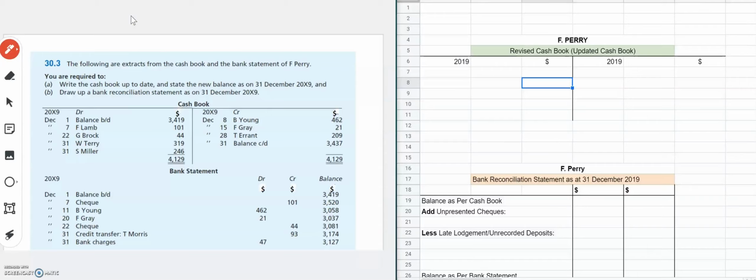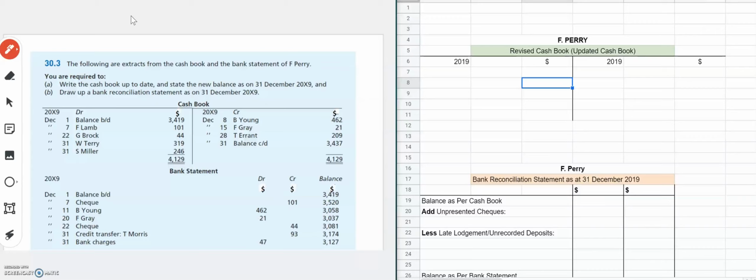That is, those items that can be found in the bank statement and can also be found in the cash book. We are checking the debit column of the cash book against the credit column of the bank statement. The credit side of the cash book is being checked against the debit column of the bank statement.